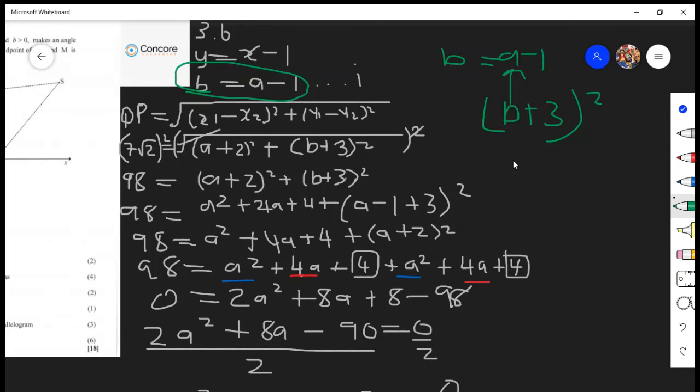So when I substitute b into this bracket, it's going to be a minus 1 plus 3, and simplified you have a plus 2 squared. Do you understand, or I can explain it a different way if you don't?